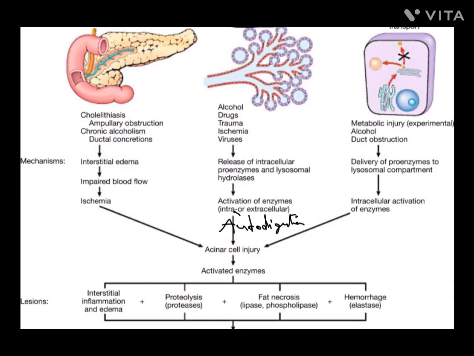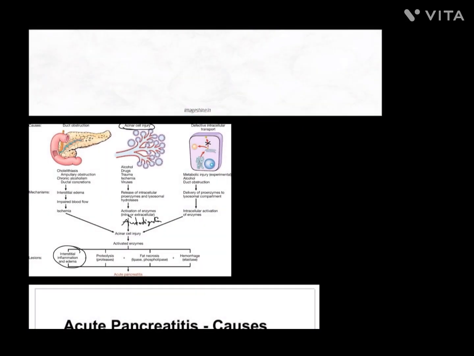Next is defective intracellular transport, like metabolic injury, alcohol, duct obstruction and delivery of proenzymes. Everything causes the acinar cells to become injured, then the enzymes become activated and we can see lesions: interstitial inflammation and edema, then proteolysis, so the protein will break, then fat necrosis by lipase and phospholipase, then hemorrhage. So, at last the patient will get pancreatitis.